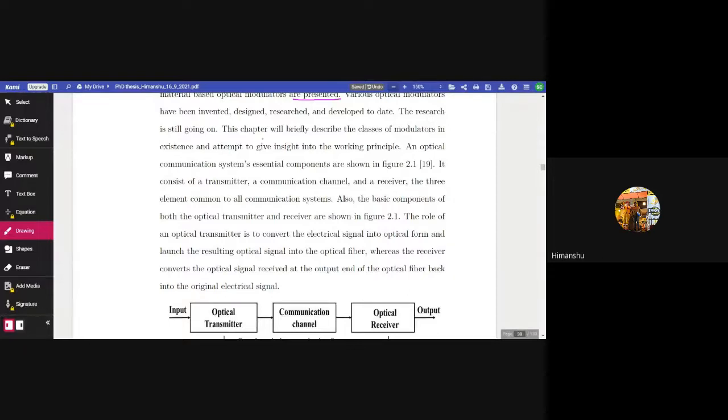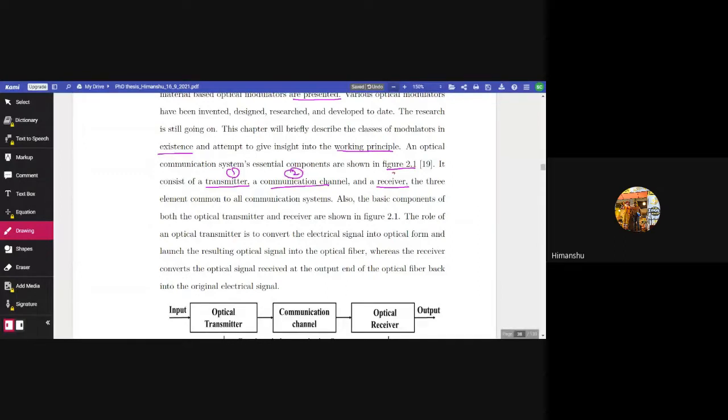This chapter will briefly describe the classes of modulators in existence and attempt to give insight into the working principle. An optical communication system's essential components are shown in figure 2.1, reference number 19. It consists of a transmitter, a communication channel, and a receiver, the three elements common to all communication systems.